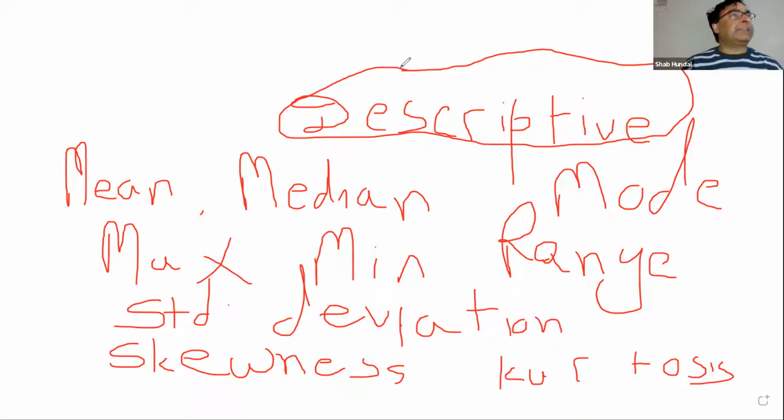But if you are a researcher, you are studying 200 companies for 5 years. So you have 200 times 5, 1,000 rows. Then mean and median are not really helping you to make any conclusion. So then we really need cause and effect inferential analysis.